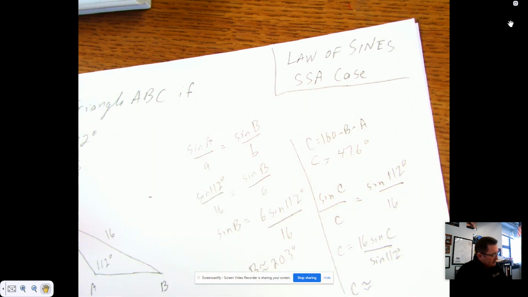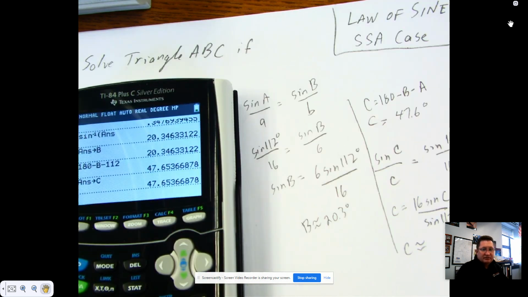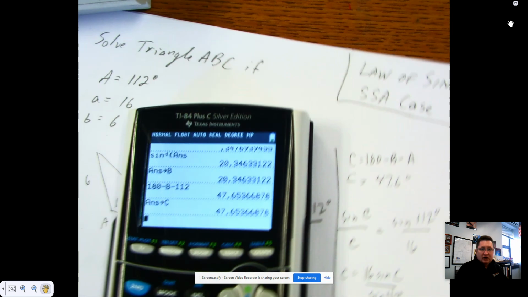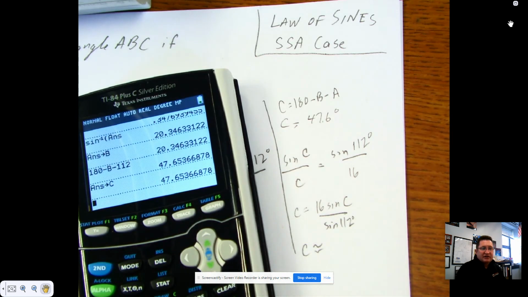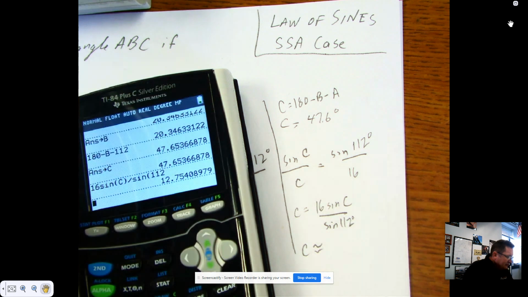We get out our calculator, and we had just stored C there. So you want 16 sine alpha C, divided by sine 112. And so you get about 12.8, or 12.754.